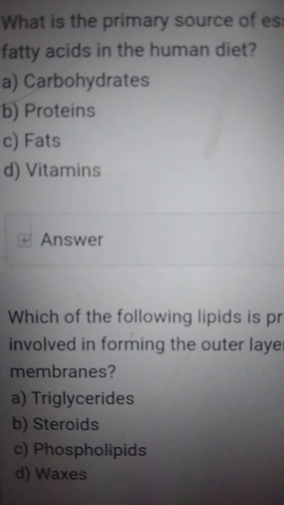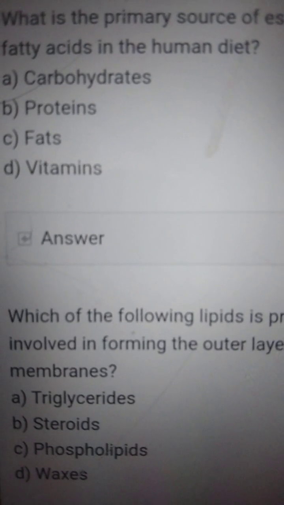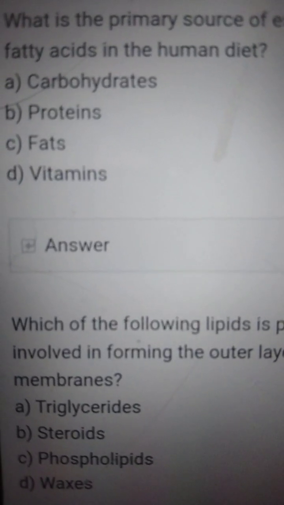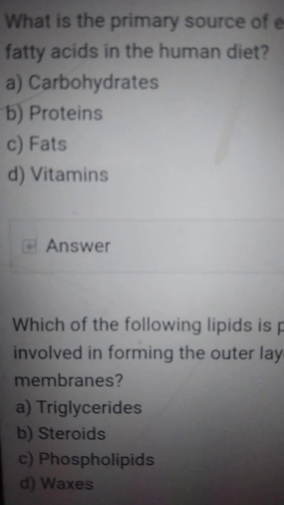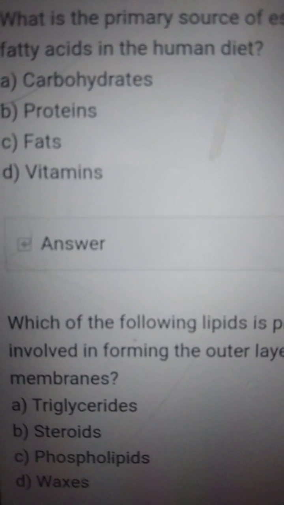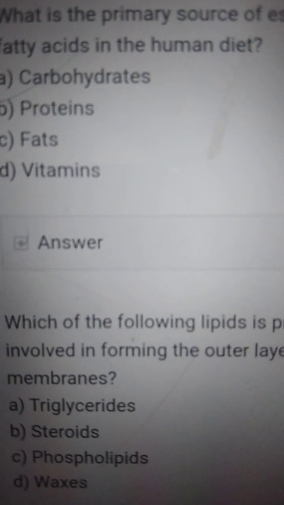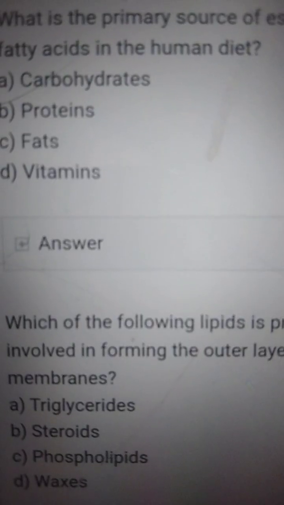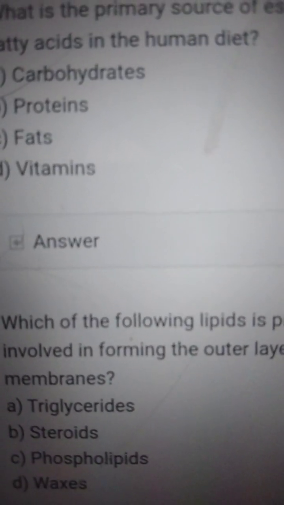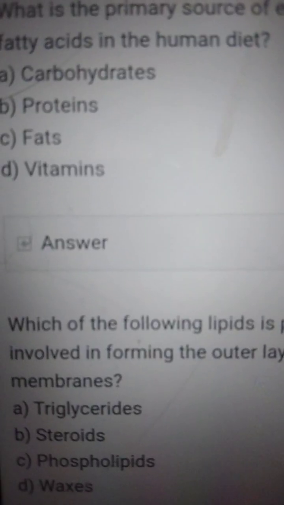Carbohydrate, proteins, fats, vitamins? C, fats. Which of the following lipids is primarily involved in forming the outer layer of cell membrane? Triglyceride, steroids, phospholipids, or waxes? The correct answer is phospholipids.